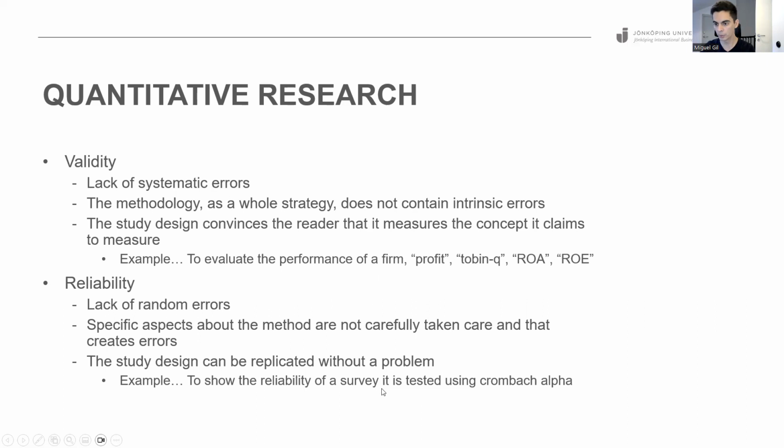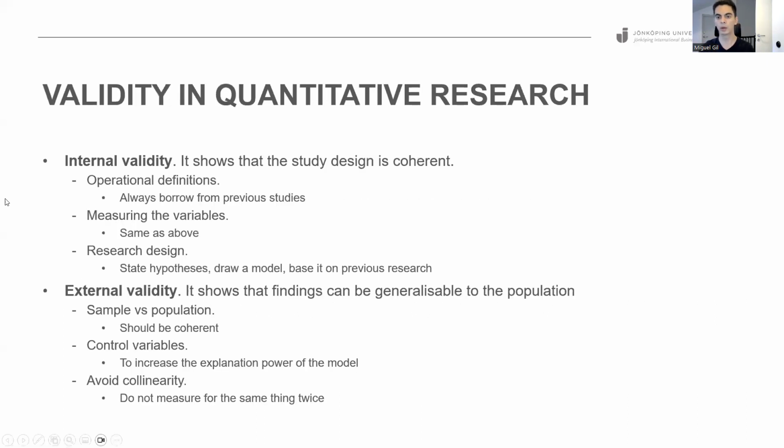If you're going to do a survey, use questions that were used previously, so you don't have to worry about this, because then the reader will not argue, is this really performance? Well, yes, because previous research has also used it. So that's my suggestion. The same with measuring the variables. A typical question is, are we going to use a Likert scale 1 to 10, 1 to 7, 1 to 5?